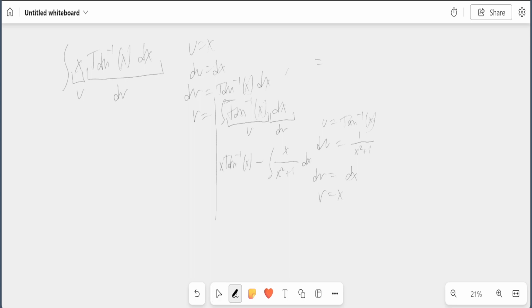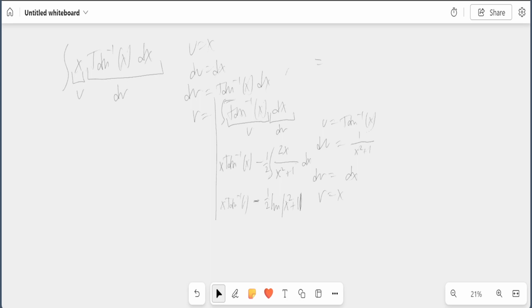And then you would do 1 over u du, right? So then you put a 2 and then a 1 over 2, and then you get 1/2 ln of x squared plus 1 minus x tangent inverse x.